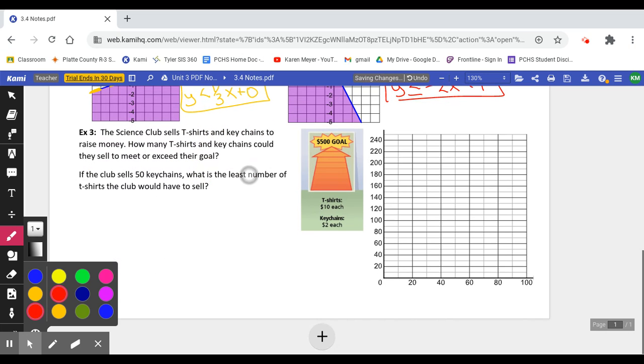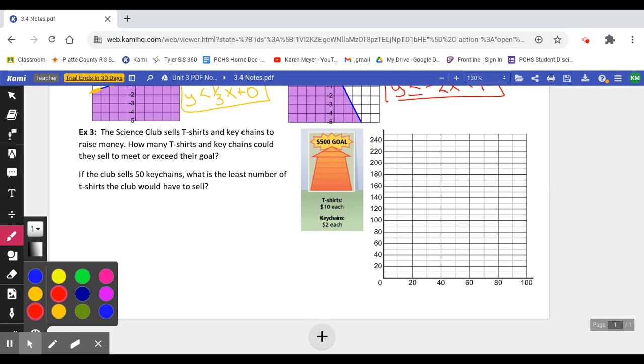All right, and then we got one word problem here. So Science Club is selling t-shirts and keychains. Off to the side in the picture, it tells you a t-shirt is $10, a keychain is $2, and the goal is to have at least 50 or more, because it says we want to meet or exceed our goal.